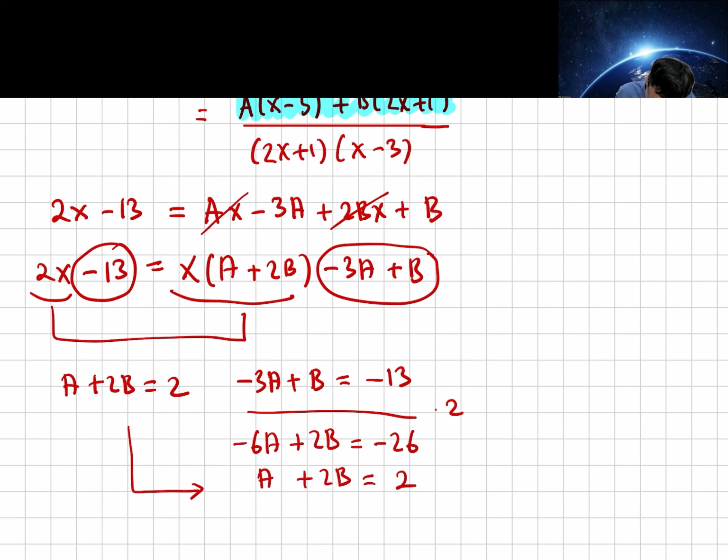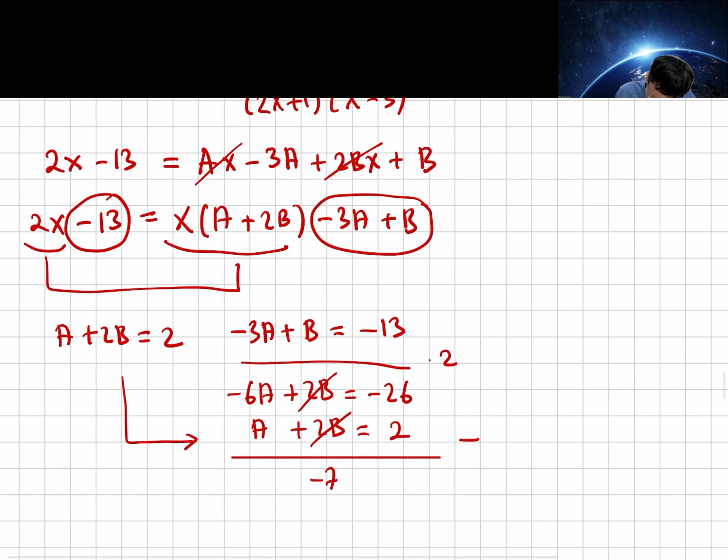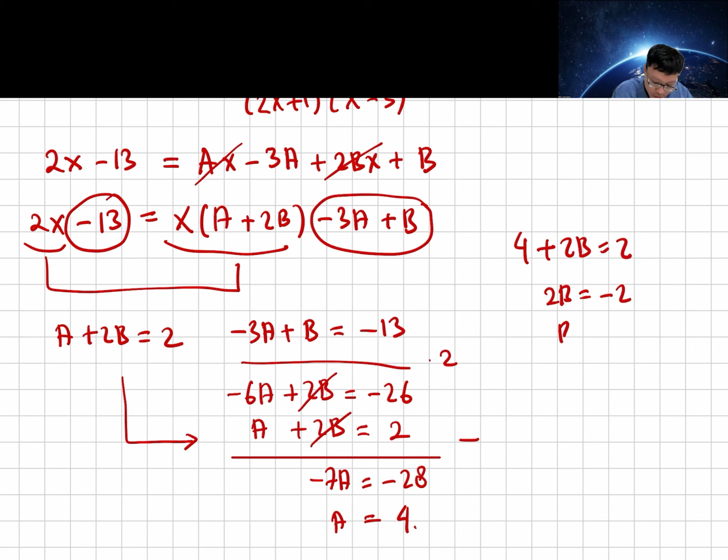So we subtract, and we cross out 2B. Now we get minus 7A equals minus 28. That means A equals 4. After you get A equals 4, just plug into one of the equations to get B. So 4 plus 2B equals 2, so 2B equals minus 2, B equals minus 1.